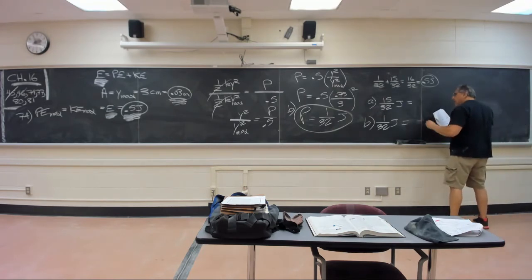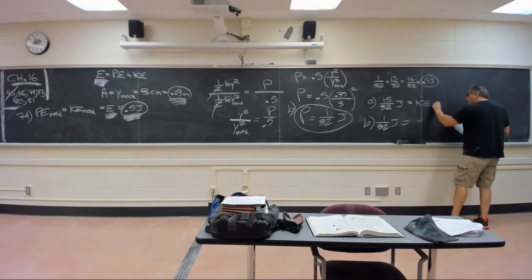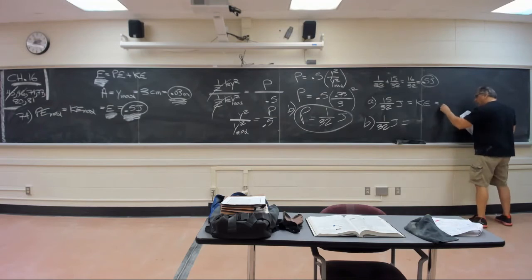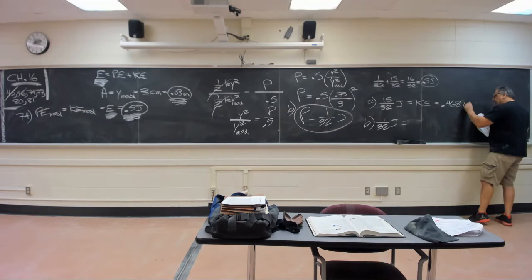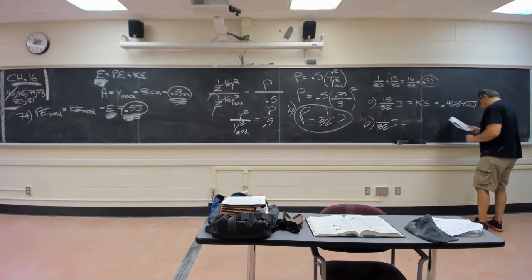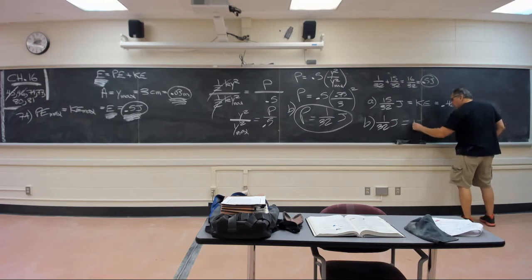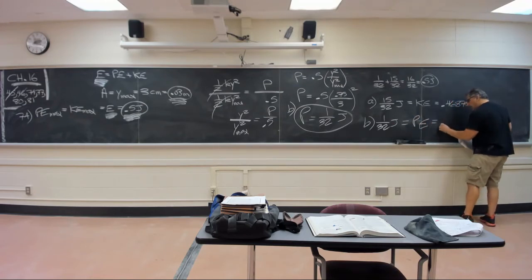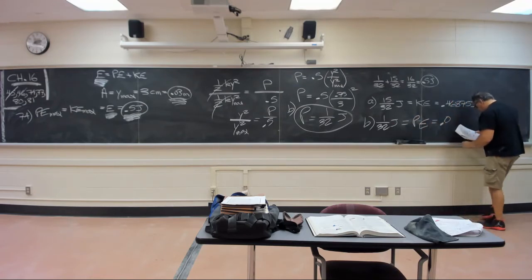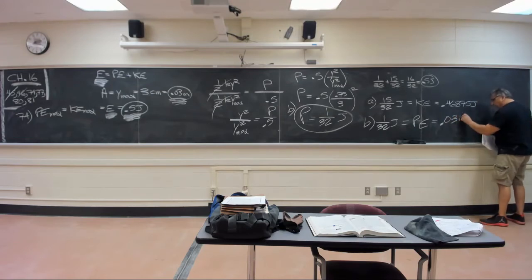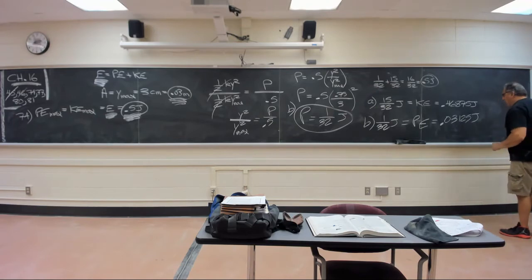The kinetic energy is 0.46875 joules. The other one is going to be the PE at that point, which is going to be 0.03125. Okay, I think I was off on that one, guys, when I did this one, a quarter of that.